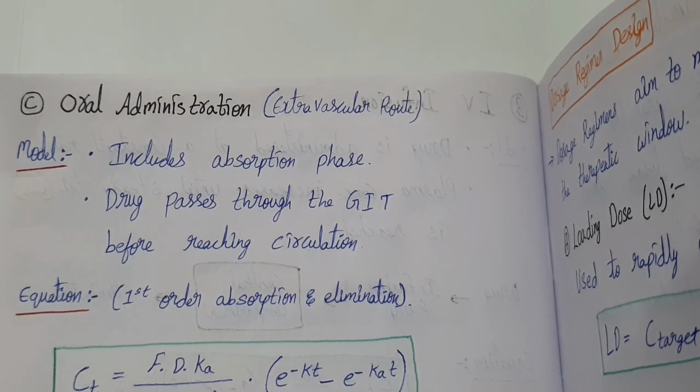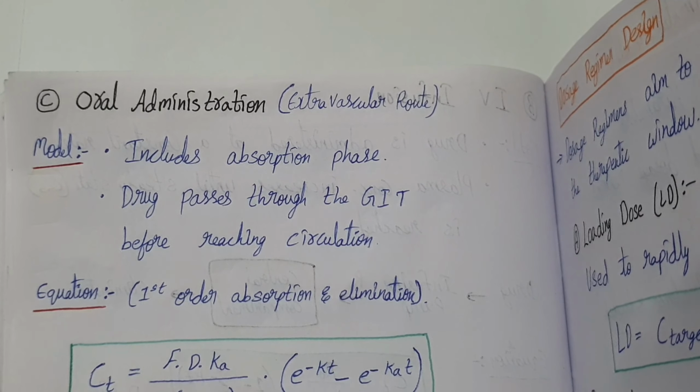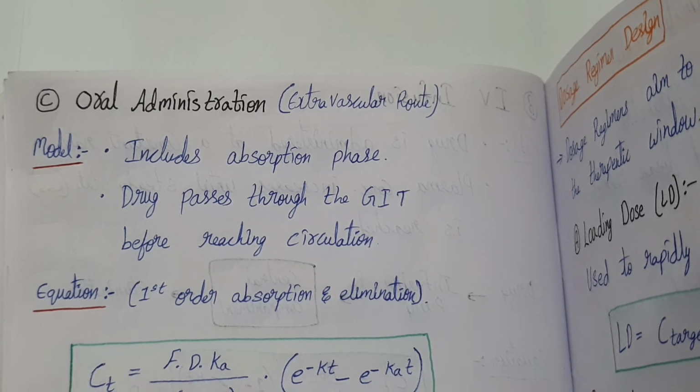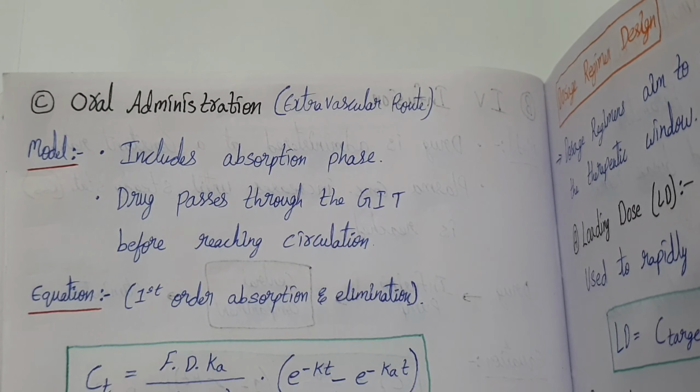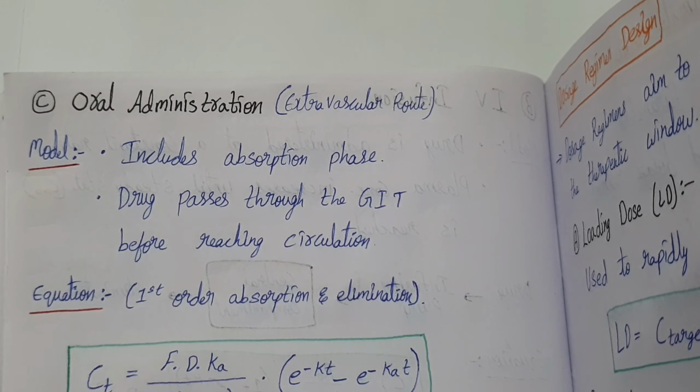Next we have the oral administration equations, which include an absorption phase, and the drug passes through the gastrointestinal tract before entering systemic circulation.